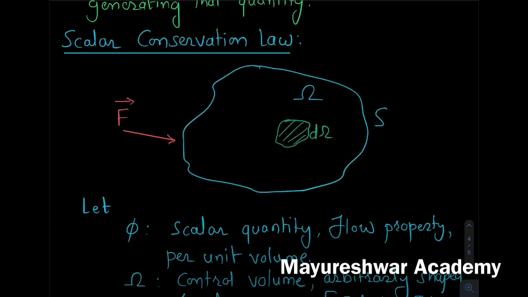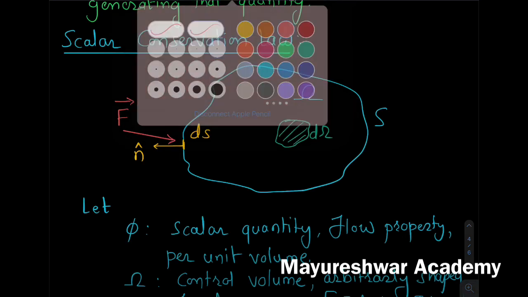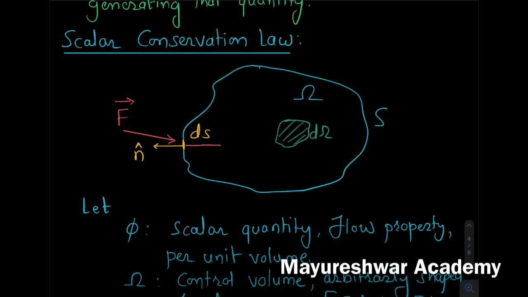It will have some direction, so that's why f bar, and it will come from some small area, which we'll call ds. Now this ds will have a normal directed outward, denoted by n cap. So the quantity which is coming in will be f bar dot ds bar.